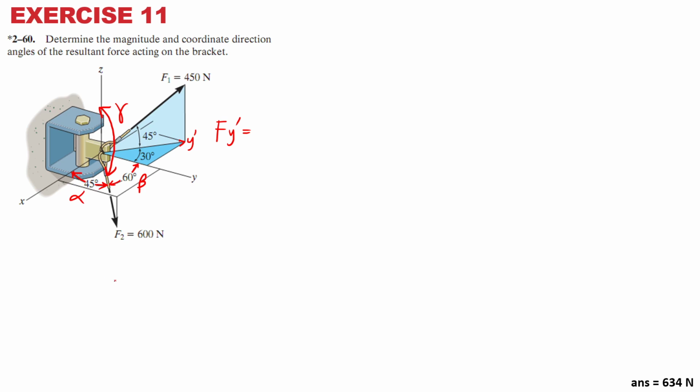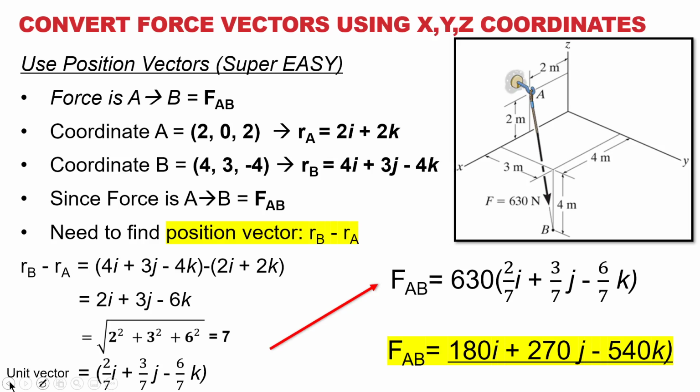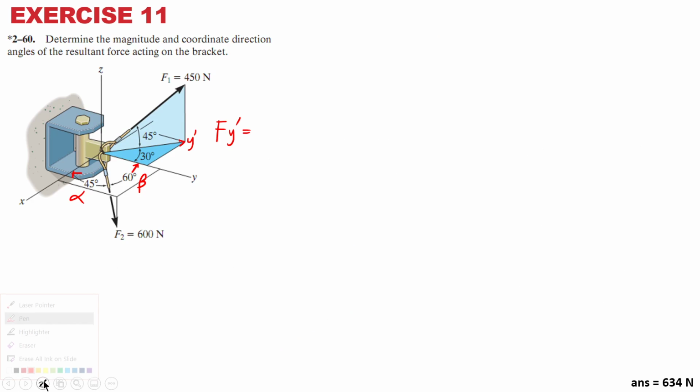Okay, so let's start. Maybe we can use the space. Number one, we're going to solve something easy first. Okay, let's do f1 first. I'm going to clear the old ink. Okay, let's start with f1.